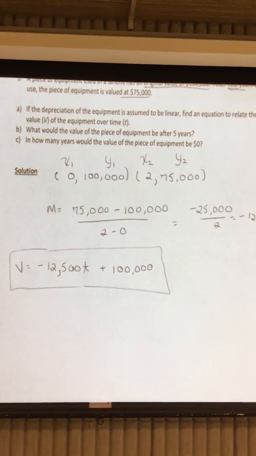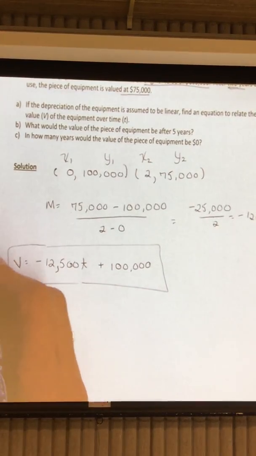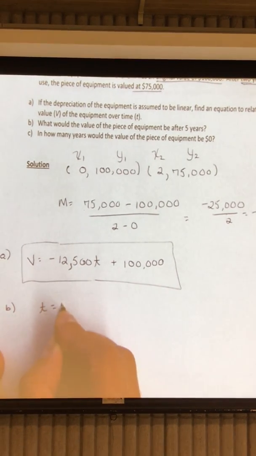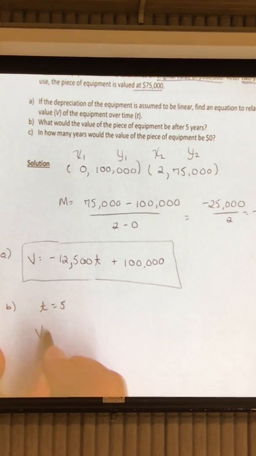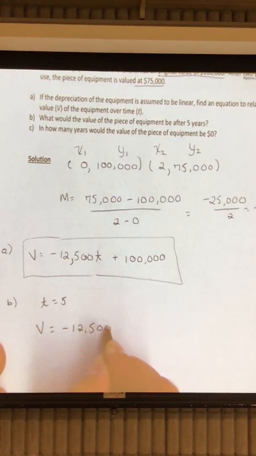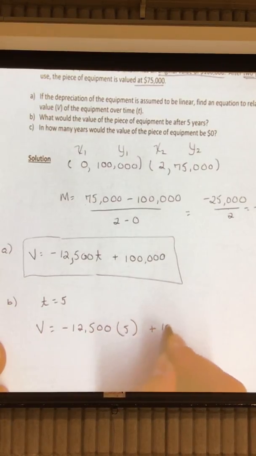What would the value of the equipment be after 5 years? So now here we are going to substitute our time of 5 years into our equation. So the value is equal to negative 12,500 times 5 plus 100,000.